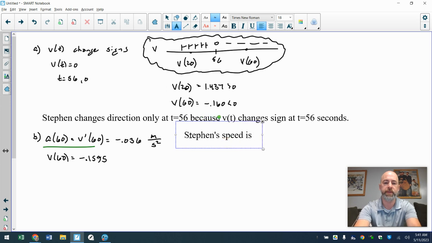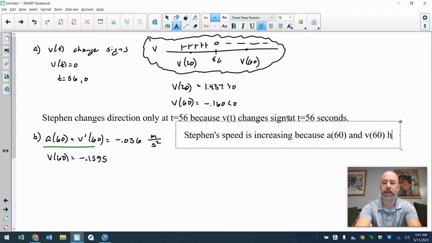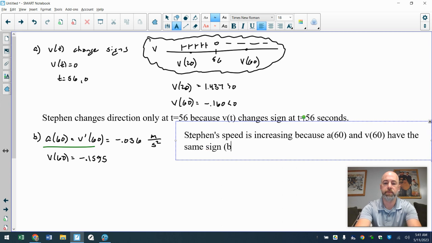Stephen's speed is increasing because acceleration at 60 and velocity at 60 have the same sign. Both are negative. Okay, and so there is our answer for part B.